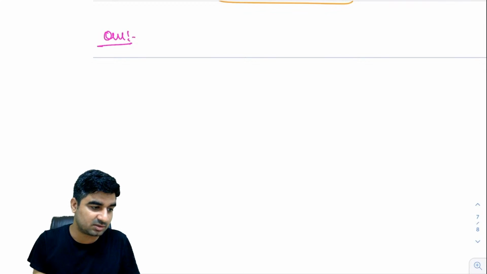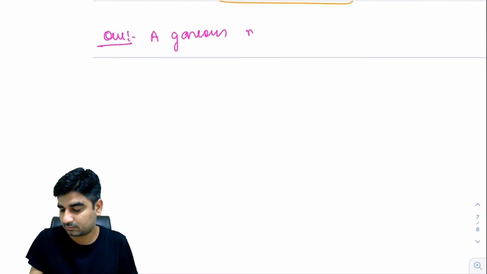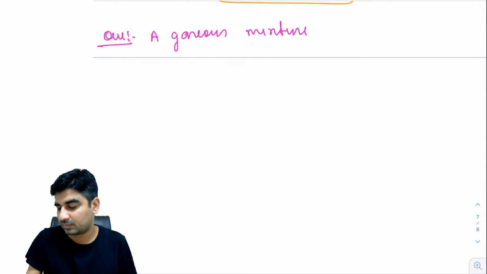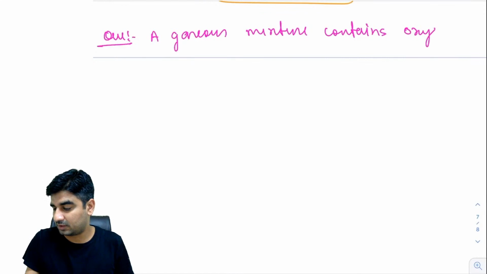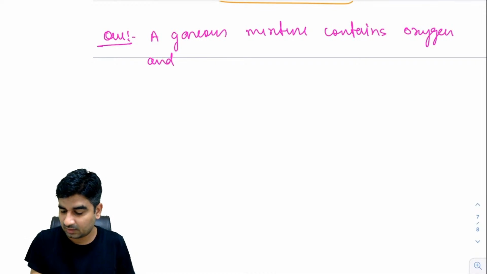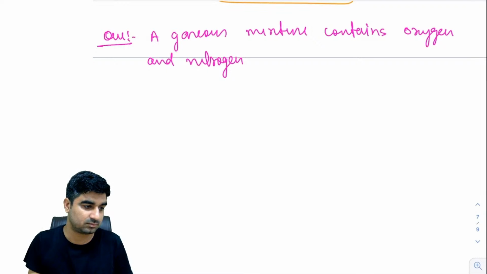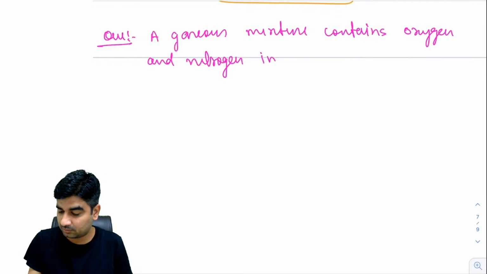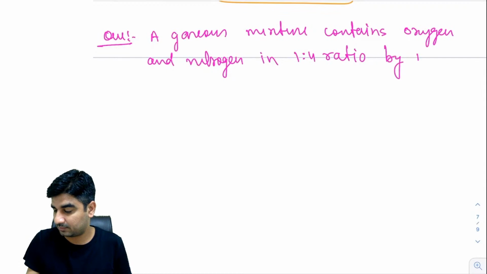So the question is, a gaseous mixture contains, just note it down, everyone, oxygen and nitrogen in 1:4 ratio by mass.